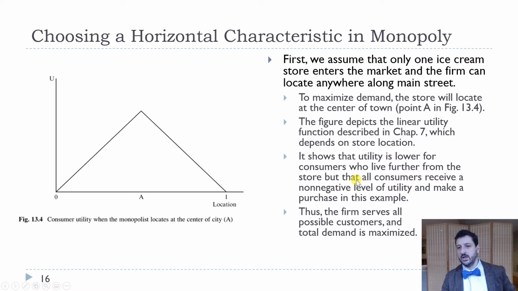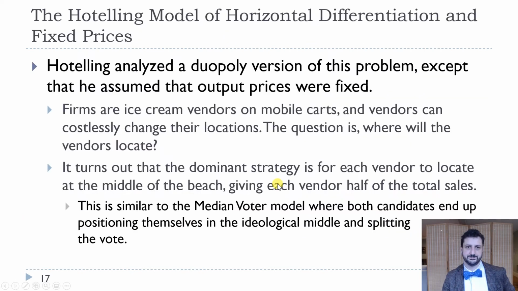getting it or not. Now, what about if we have two firms? So Hotelling looked at this problem, right, a long time ago. So it's a duopoly version, but he assumed that output prices are fixed. And so the idea is, all right, well, we've got two ice cream vendors on mobile carts. Where can they locate? And the sort of paradoxical solution is that they both end up in the middle.